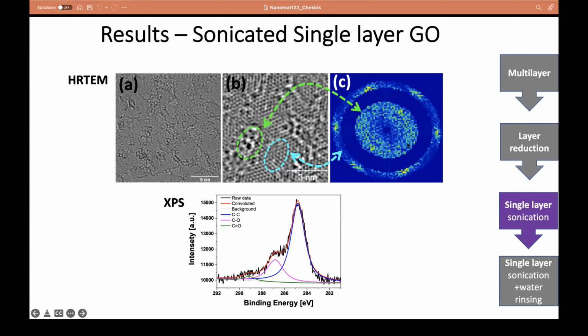It's a wide distribution, but it seems some peaks on this oxygen debris. Moreover, its XPS measurements started to change. The percentage of oxygen started to decrease. So we understand this is the way that we need to go.